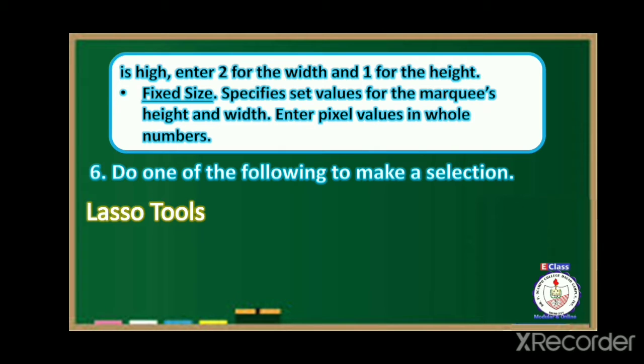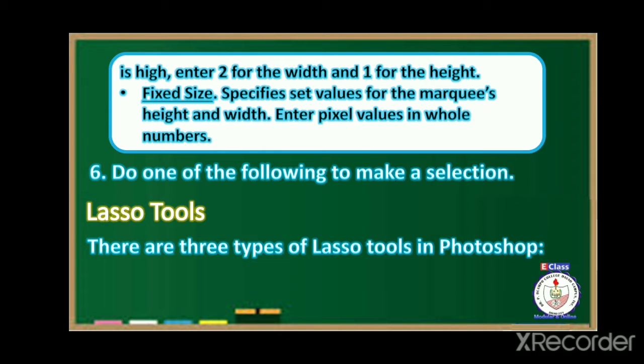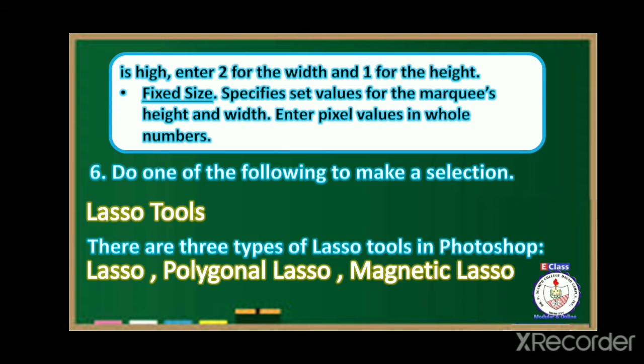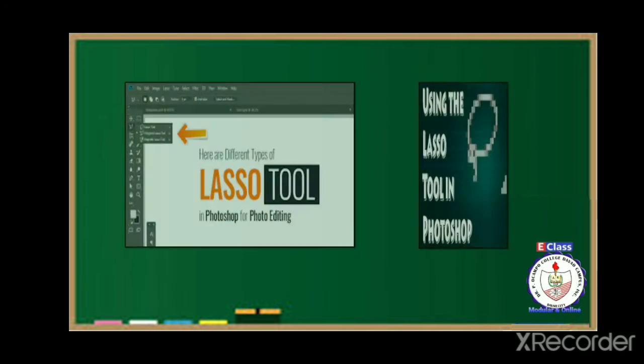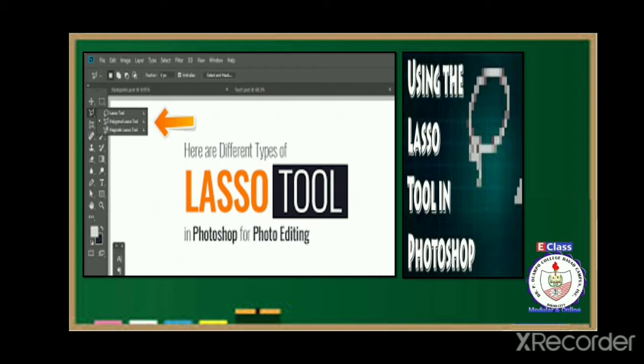Let's talk about the lasso tools. There are three types of lasso tools in Photoshop: the lasso, the polygonal lasso, and the magnetic lasso. Here are the different types of lasso tools in Photoshop, and how to use the lasso tool.